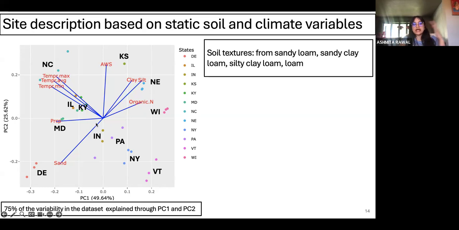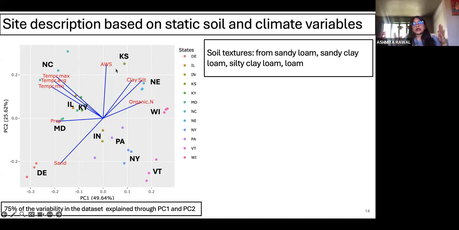North Carolina had a higher temperature gradient, so it was warmer compared to Vermont, Wisconsin, New York, Pennsylvania. They were cooler sites, towards a lower temperature gradient, and Kansas had more available water storage.